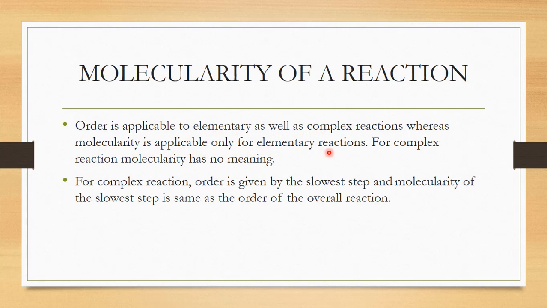So for the reaction which we had just considered, you cannot say that the molecularity of that reaction is 10. No, 10 molecules cannot collide simultaneously to give you the product. For a complex reaction, molecularity has no meaning. For a complex reaction, order is given by the slow step, and the molecularity of the slow step is the same as the overall order of the reaction.